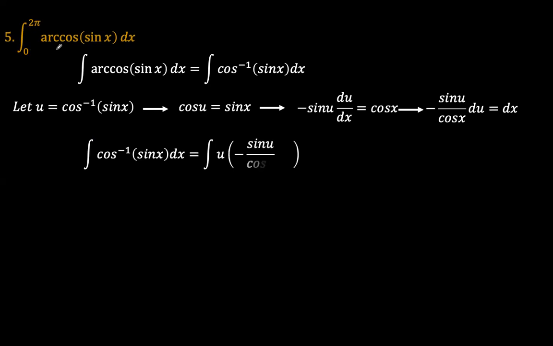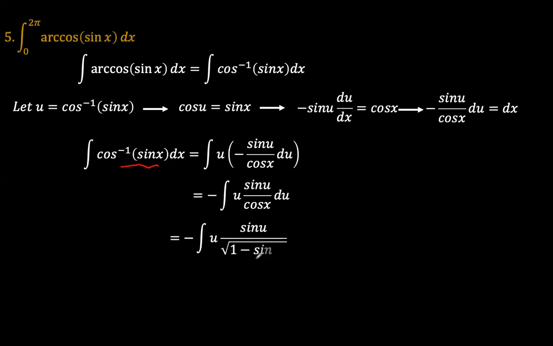We've kept the limits out for a minute. We can now substitute this with u, and for dx we have temporarily inserted negative sine u over cosine x du. And we can continue: u times sine u over cosine x is the same as u times sine u over the square root of 1 minus sine squared x, since that's what cosine x is.